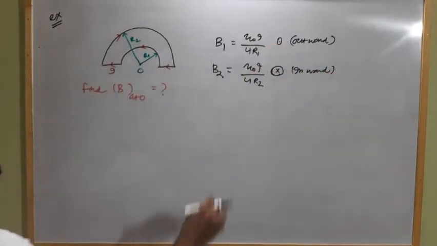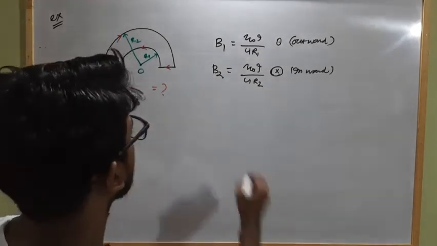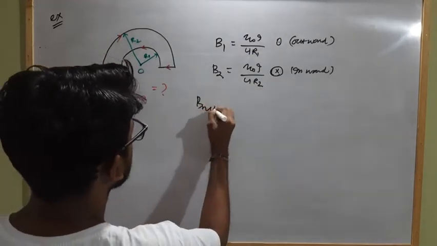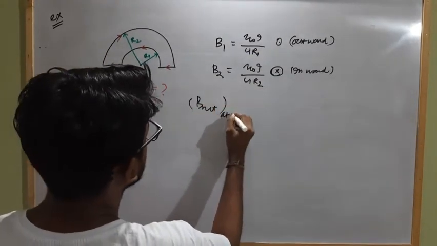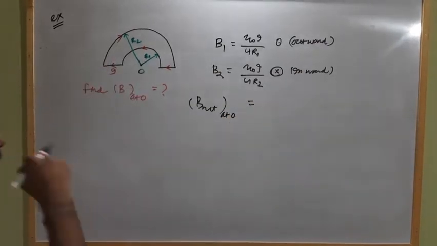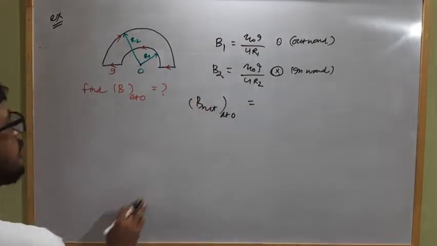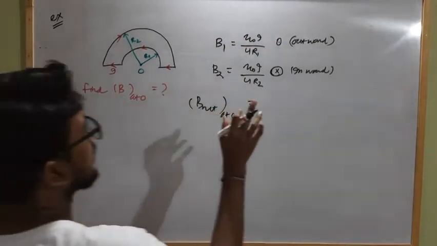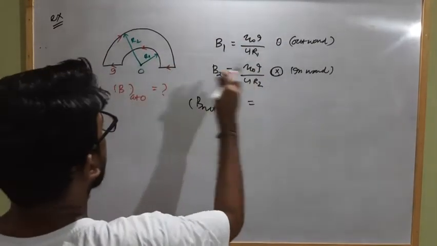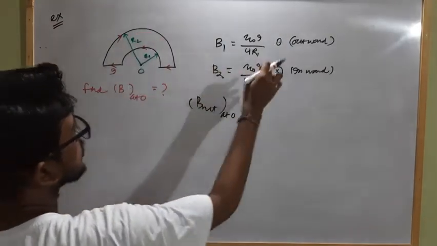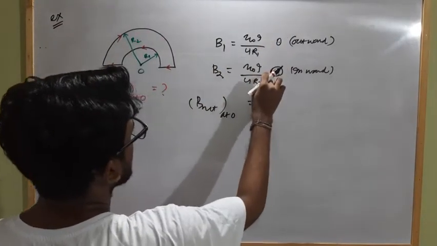So as these two magnetic fields are opposite in direction, what will B net at O be? These are vector quantities, so as they are opposite in direction, B net will be maximum minus minimum. As R1 is less than R2, the value of B1 will be greater than B2.